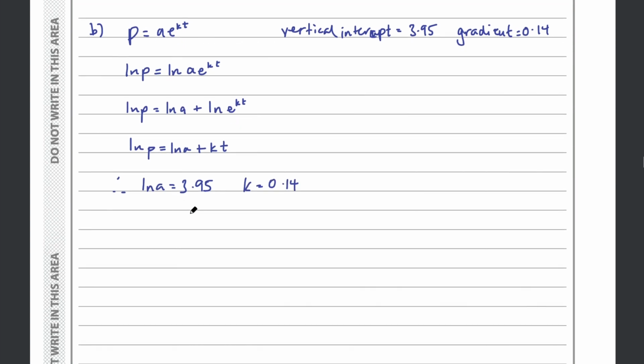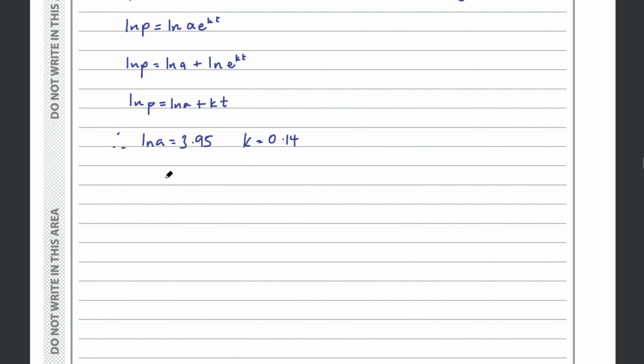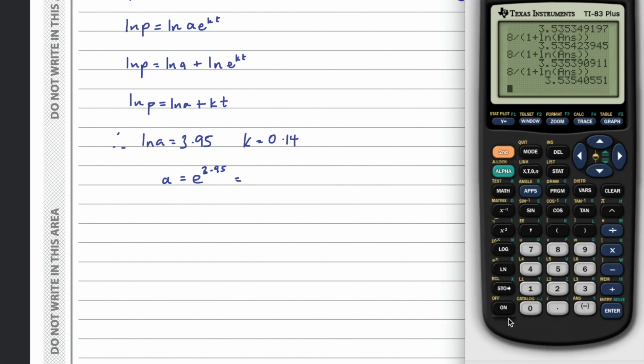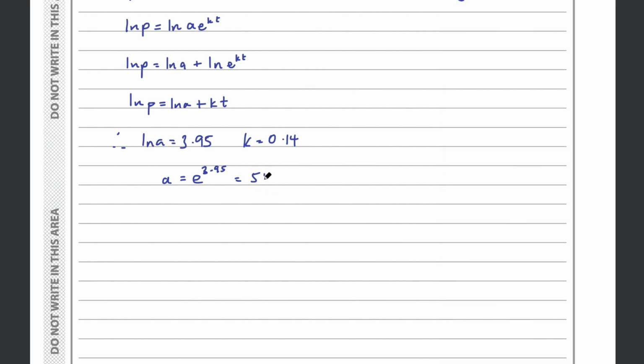Now if the log of a equals 3.95, a is going to be e to the power of 3.95. Right, so I've just raised both sides to the power of e. E cancels out that log, so we're left with e to the power of 3.95. If we put that into a calculator, we get 51.935 approximately.